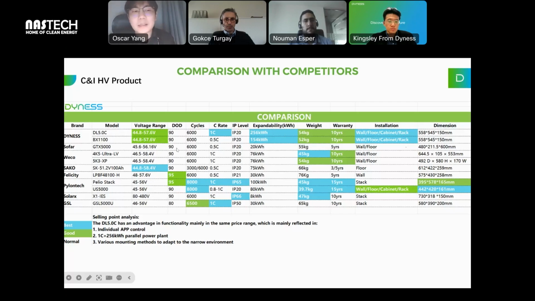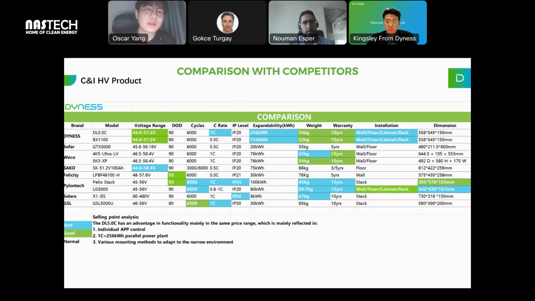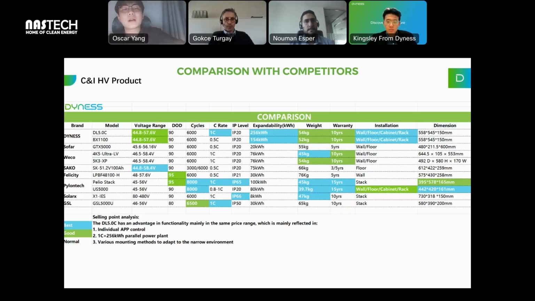For the last point I want to mention here, the voltage range. A bigger voltage range matters a lot in the actual usage of a battery. For example, when the inverter has no PV power, no grid power, and also no generator power, the whole system is an island. It has no incoming power from any other side.